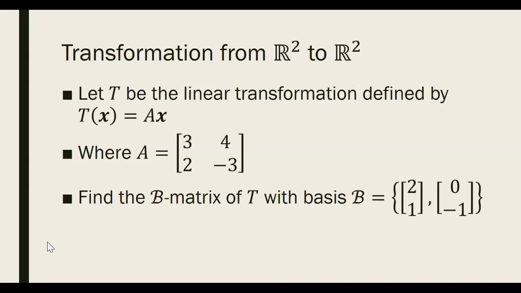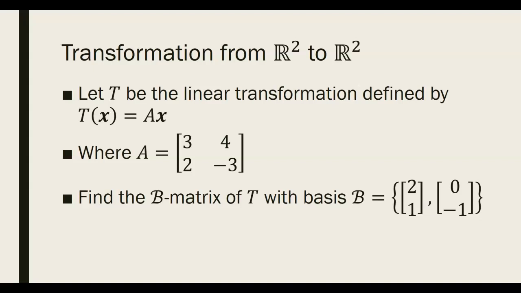We see what this transformation does to each of my basis elements, and then we map it back. I want you to see what this matrix does to each of these basis elements, and realize that when you're multiplying A times a basis element, you're doing so in the standard basis.